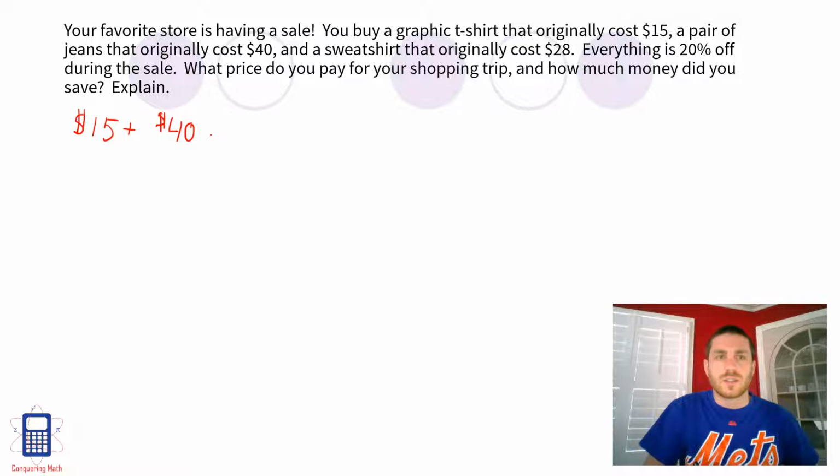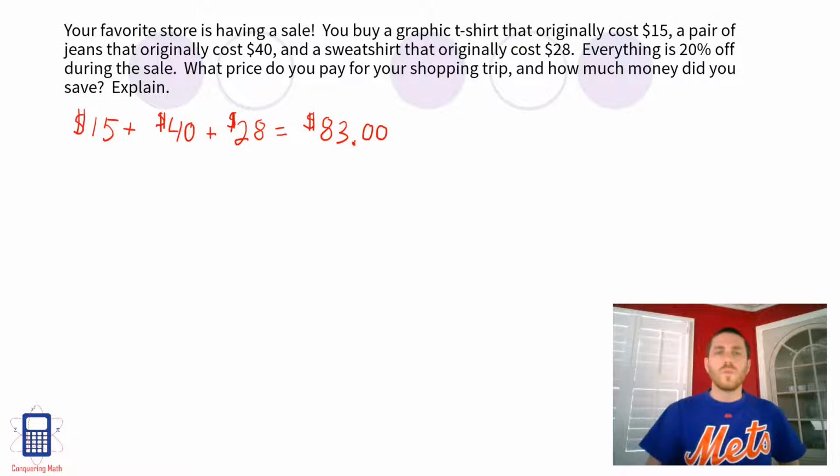And finally, a sweatshirt for $28. And if you add all of those up, you get a total of $83. And I'll add the cents on there because we're going to need that when we find the discount. Okay, great. So that was the original total before a discount.